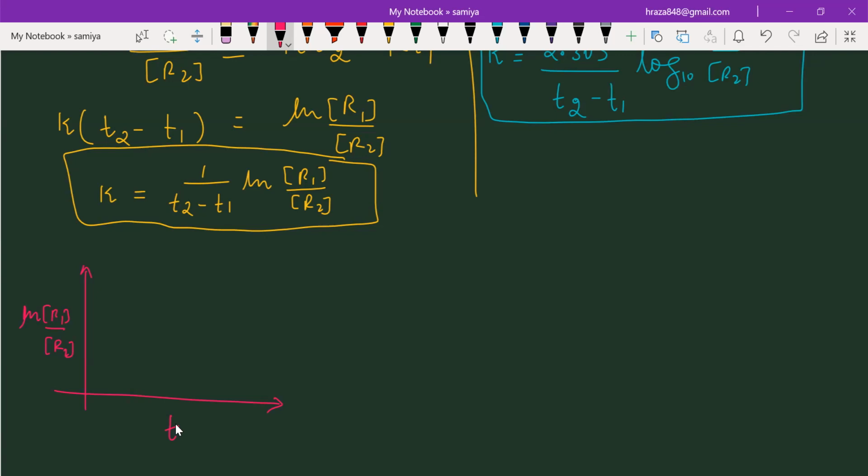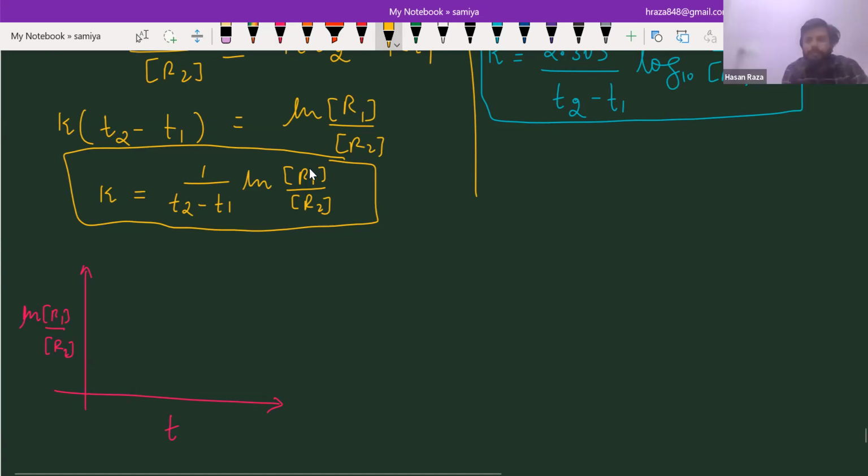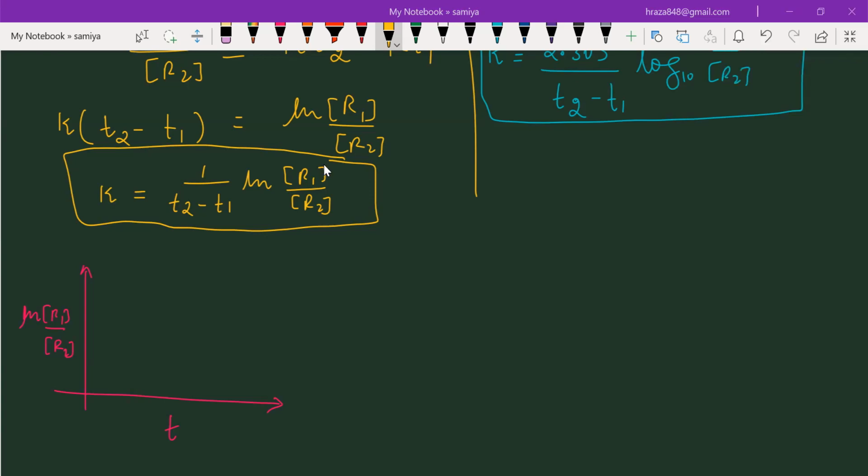Sir, is it a straight line? On which side? Downward, upward? Sir, upward. Will it be like this or passing from origin?